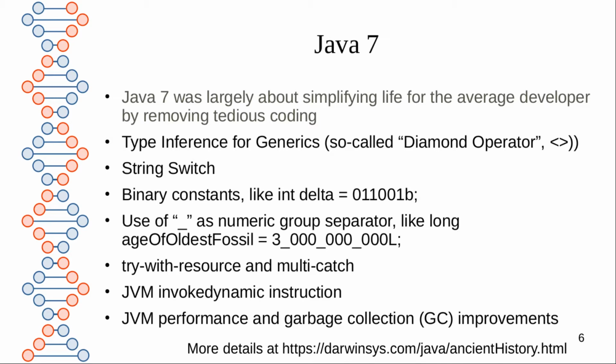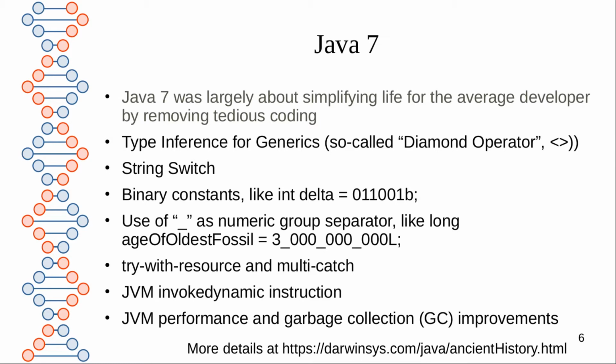When you're declaring an object of a generic type, List angle bracket String, x equals new List, in the new List you don't have to repeat the type. You just put an empty type parameter, which looks like a diamond.